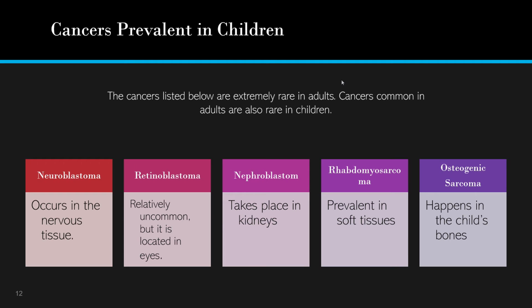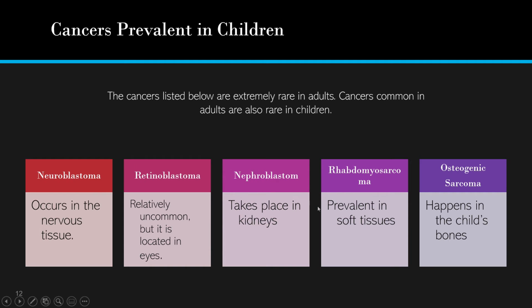And then here are some cancers that mainly occur in childhood. They're very rare to see in adults, and vice versa as well. Neuroblastoma occurs in the nervous tissue. Retinoblastoma occurs in the retina of the eye, even though it's very uncommon.